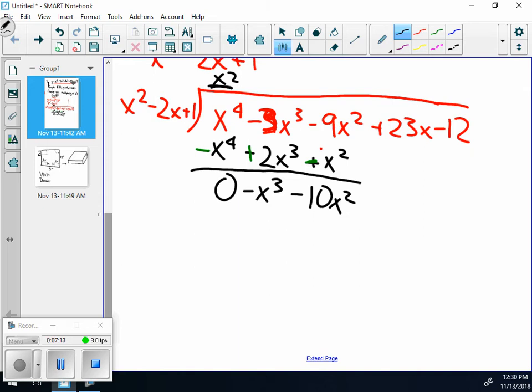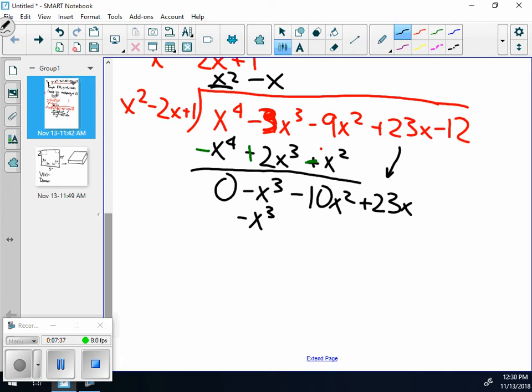All right. If we roll the dice here, row 2, person 4. So, Emil, we're going to move this term down so that we have 3 terms to go with our 3 terms. But if we have x squared and we need to get to negative x cubed, what are we going to do? So we're going to multiply by negative x here. So we'll end up with negative x cubed.